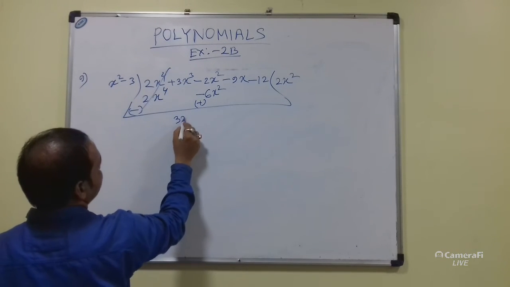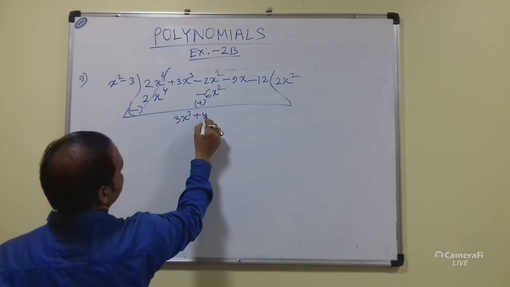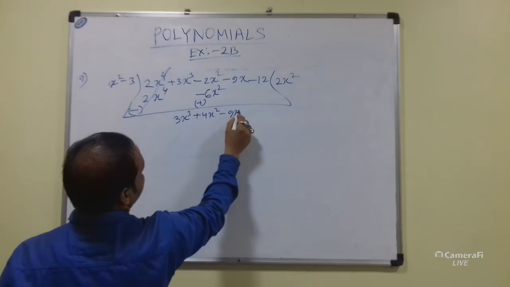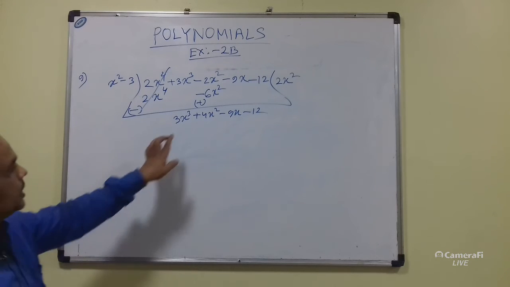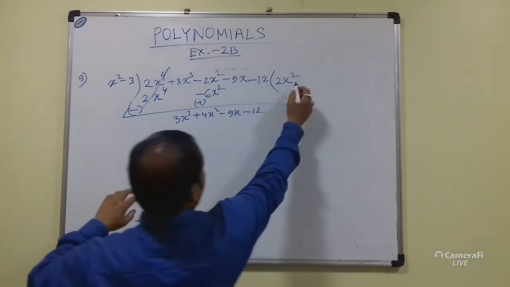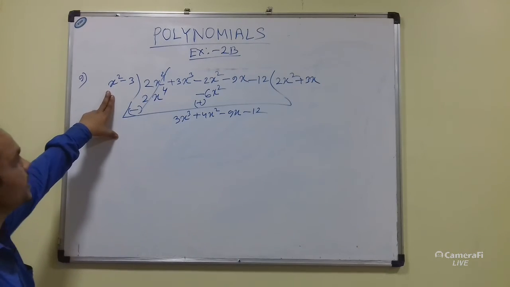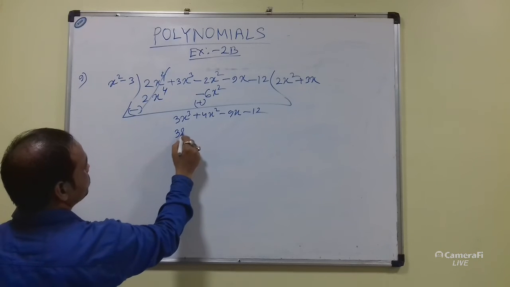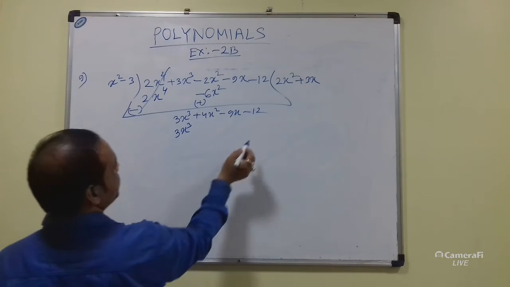So it is 3x cube, and it is plus 6x square minus 2x square, that is 4x square, minus 9x minus 12. Now we have to see that 3x cube, so if we take 3x here, then 3x multiply x square is 3x cube and 3x multiply minus 3 is minus 9x.